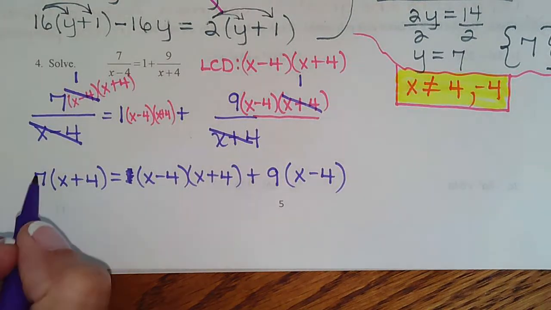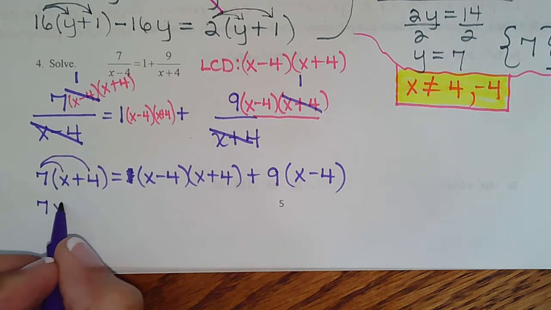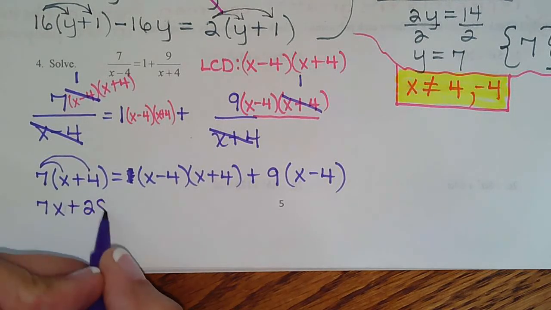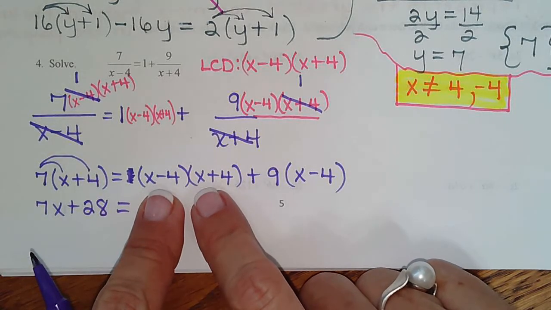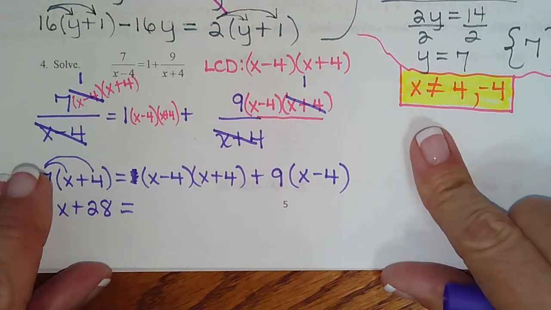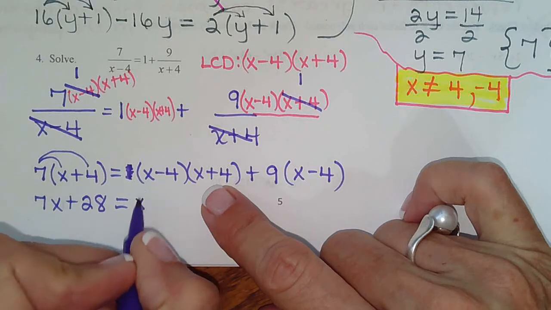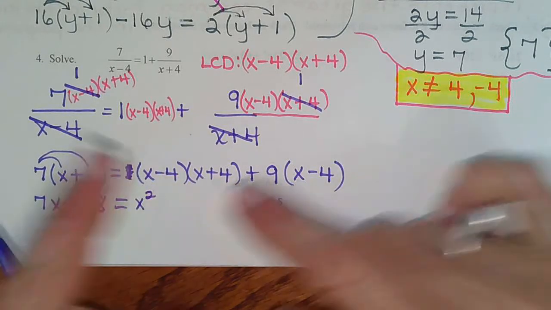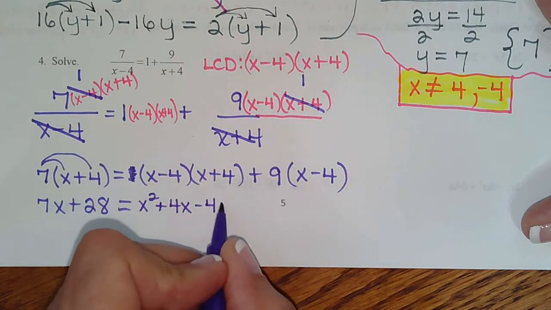So this is going to be 7x plus 28 equals, now this is a FOIL problem. So the 1, like I said, 1 times anything is that other thing. So that's why I got rid of the 1, but we do have to FOIL. So x squared plus 4x minus 4x, which as you can see are going to cancel.